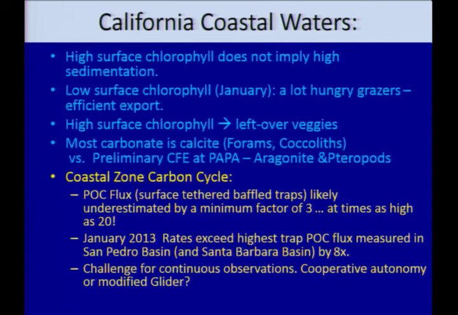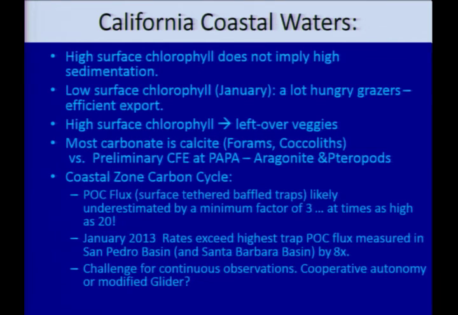We hadn't expected that. We were depending on this surface tethered instrument for our calibration samples. The other thing is that the January 2013 rates exceeded the highest trap flux measured in the San Pedro Basin or the Santa Barbara Basin in other years.